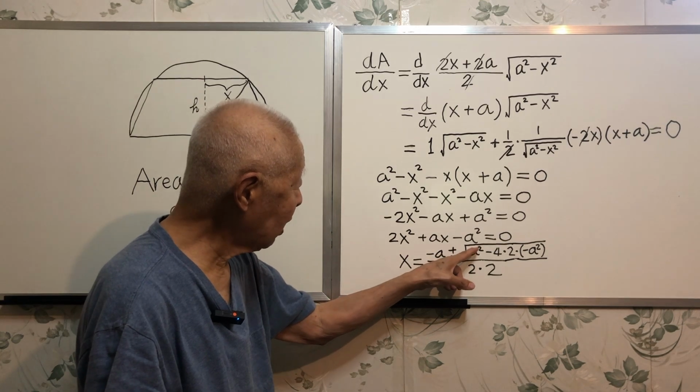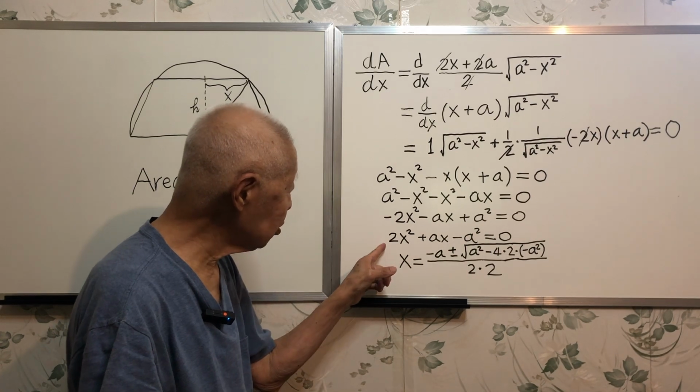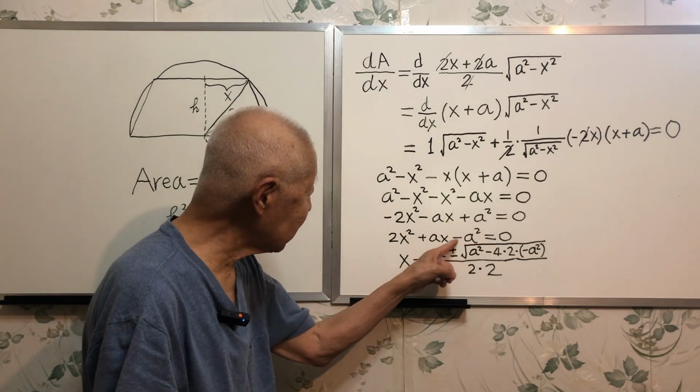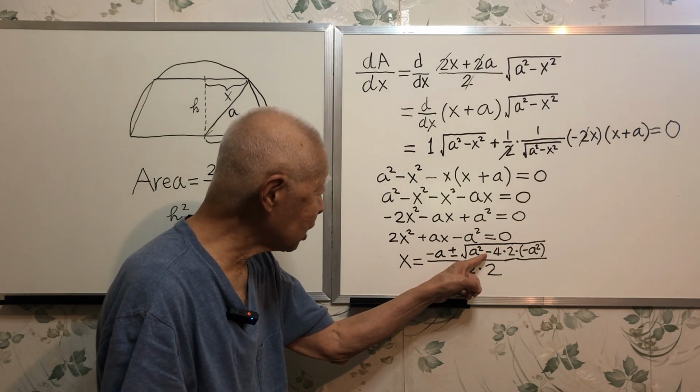So b squared minus 4, a is 2, c is negative a squared. Negative negative makes positive.